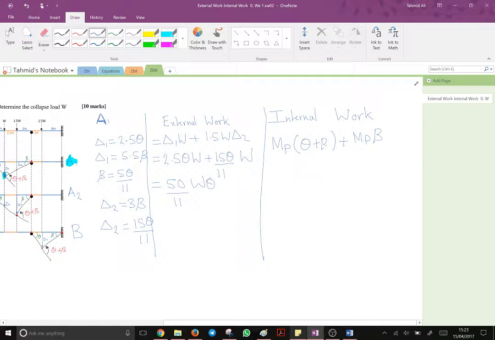Now we've got beta back into this, so we would obviously want to remove it, but first let's simplify a bit more. So this is what the internal work is equal to.